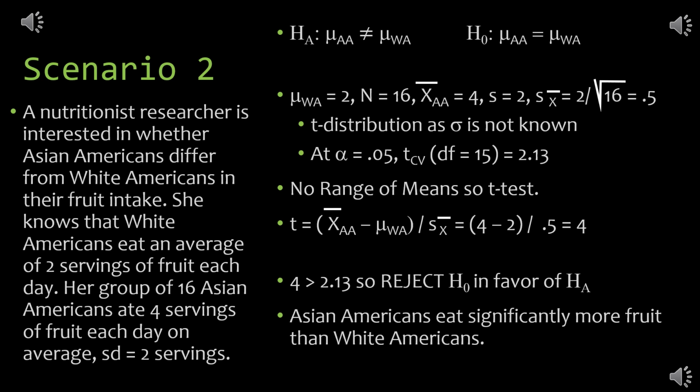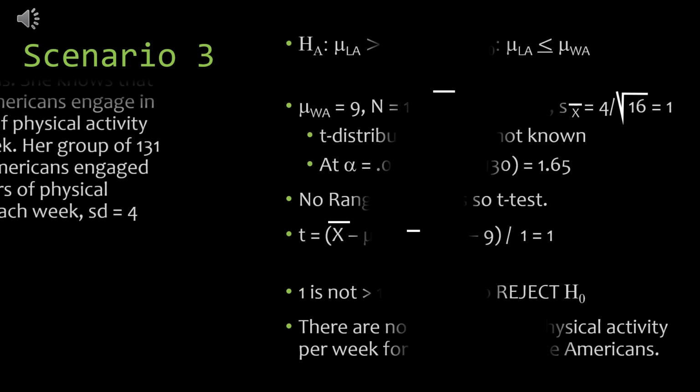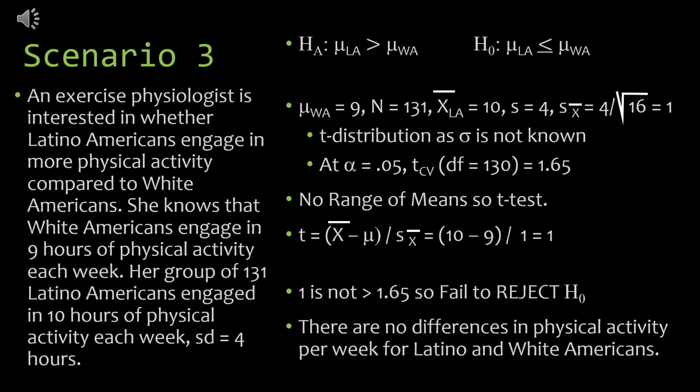And when we compute t, we get t equals 4, and 4 is greater than 2.13, the critical value for t. So we reject the null in favor of the alternative, and we conclude that Asian Americans eat significantly more fruit than white Americans, and we're done. Here's one more, and you work through this one.